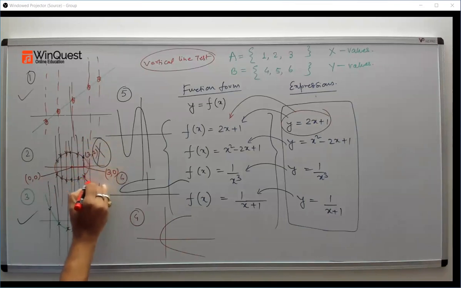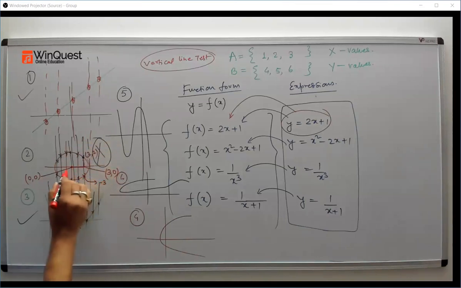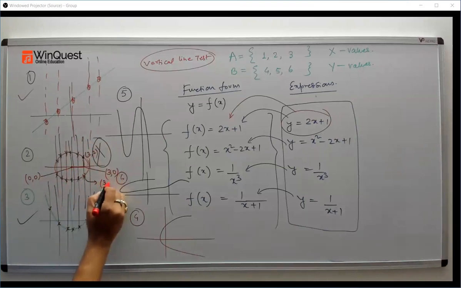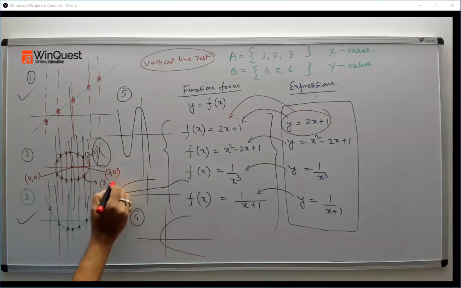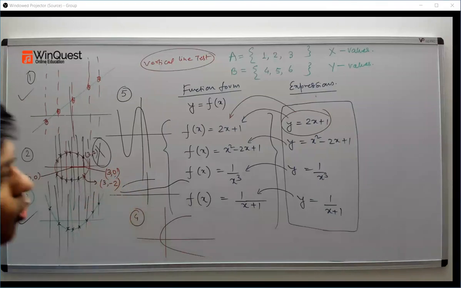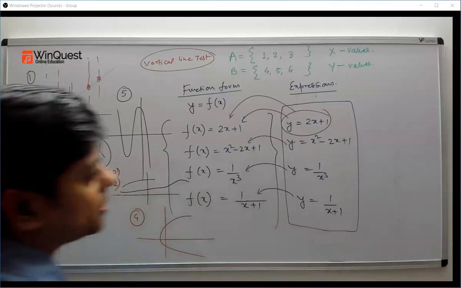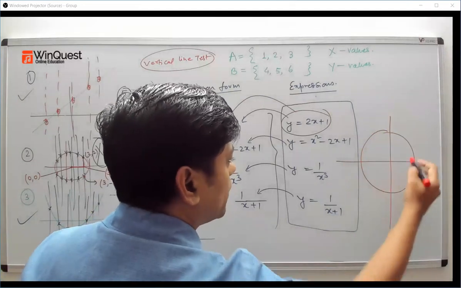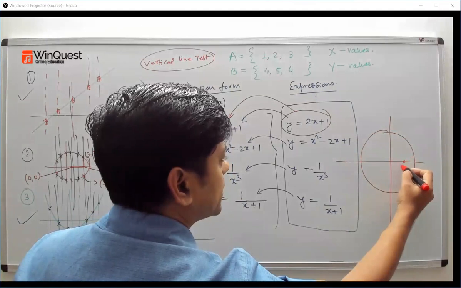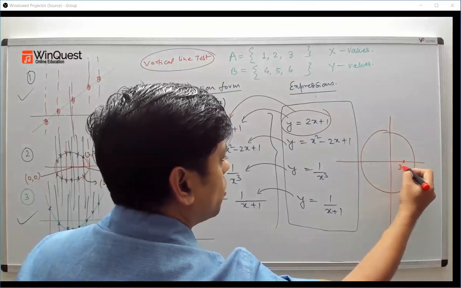And here also, sorry, this is 3 and negative 2. Now, this is a very crucial point, guys. Please try to understand it very clearly. This is 3, 0. This is 3, minus 2. Now, what is happening in the case of a circle? In the case of a circle, when you take any one point here, let's say this be 3, 0.